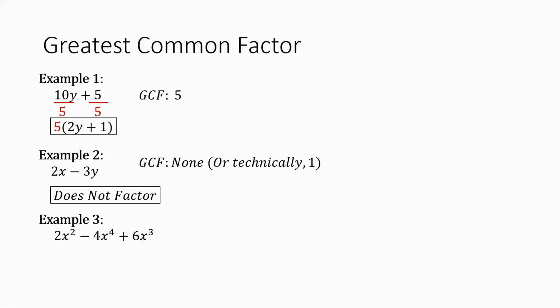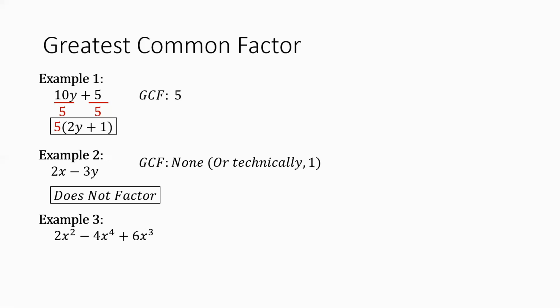I have x squared in the first term, x to the fourth in the second, x to the third in the third. The way you can keep track of the biggest factor you can pull out of every term is almost the opposite of what you would think. You take the smallest power. The reason is that the smallest power fits into every single term, whereas if you say x to the fourth, the first term doesn't have 4 x's, so that doesn't work.